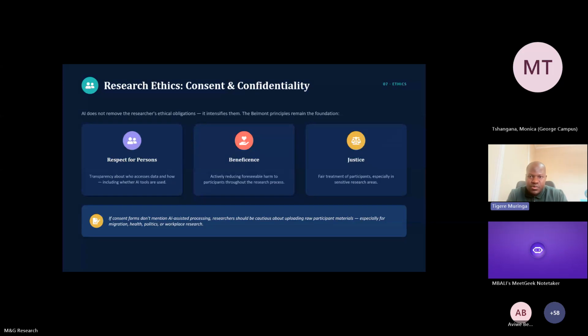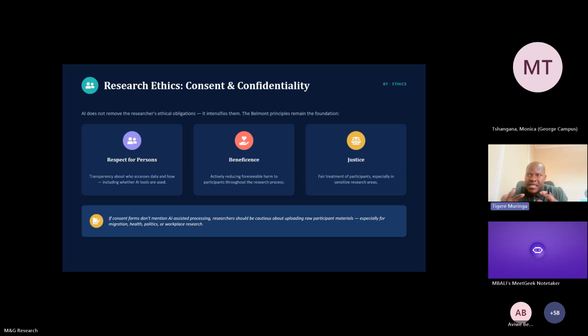Now, if consent forms do not mention AI-assisted processing, researchers should be cautious about uploading raw participant material. Those of us who are familiar with the Belmont principles know they remain relevant here, because they say researchers should respect persons, be transparent, and practice beneficence. Reduction of harm and justice require fair treatment of participants.